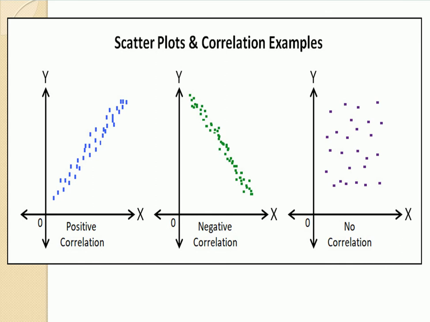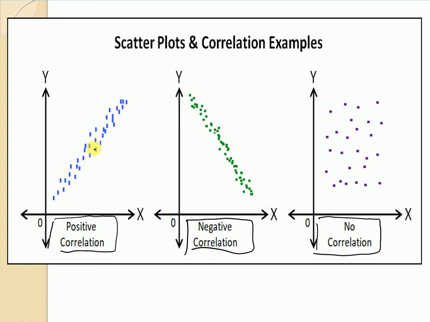Here, we see that there are three types of correlation: positive correlation, negative correlation, and no correlation. And a scatter plot, which is what we call these graphs, is useful in that it shows a plot of the data and a visualization of the type of correlation present.